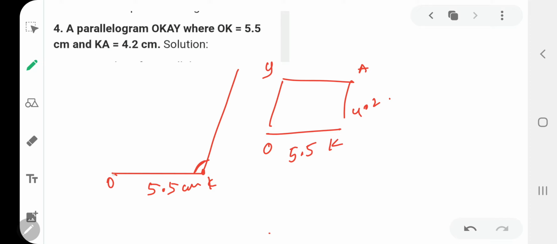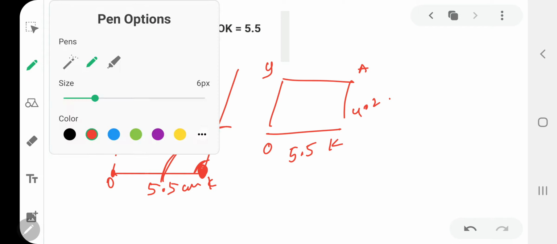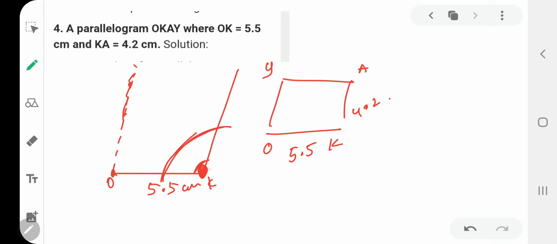Now at point O, you have to draw a line which is parallel to the ray at K. Getting my point clear? How do you draw a parallel line, my dear kids? Keep your compass at the center and take a random arc.